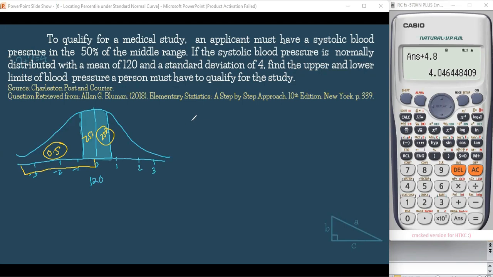Kaya yun po yung strategy natin. First strategy is to find for the z with an area of 75% or 0.75. Bakit po, my dear students? Kasi po, magmula dito hanggang dito, pwede nating mahanap yon. Then, magmi-minus na lang tayo ng 50, di ba po?